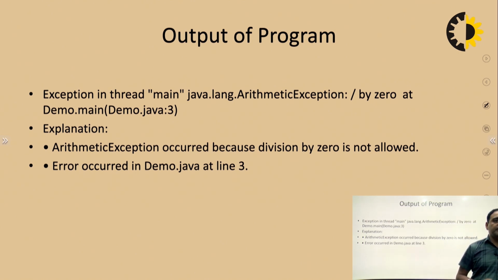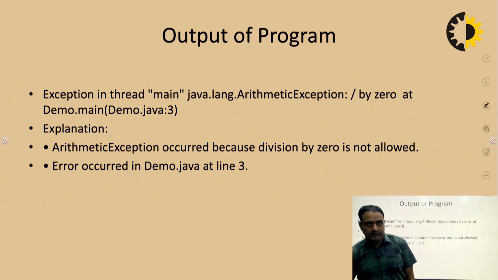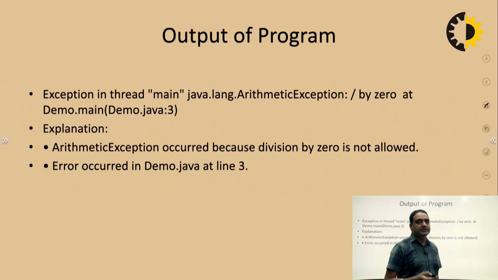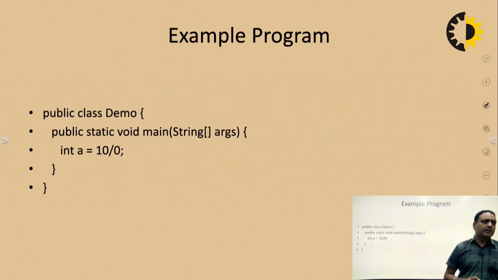What is the information of this particular exception? It is division by 0 at Demo.main, meaning Demo is a class name and main is a method.